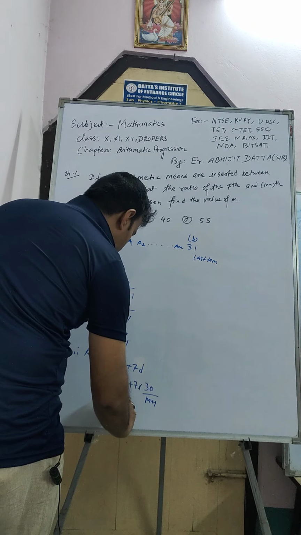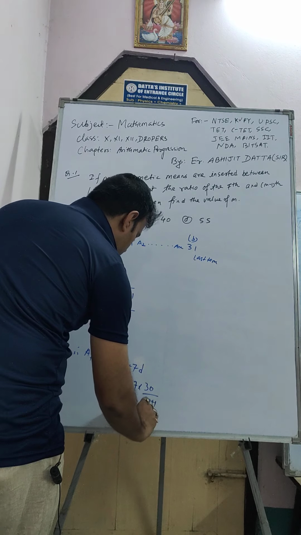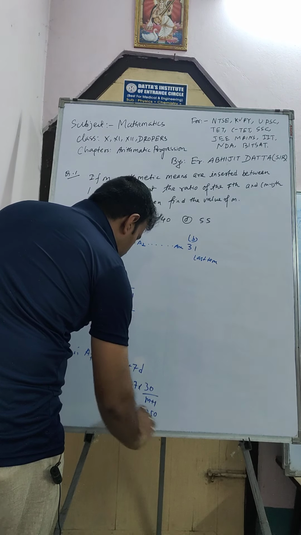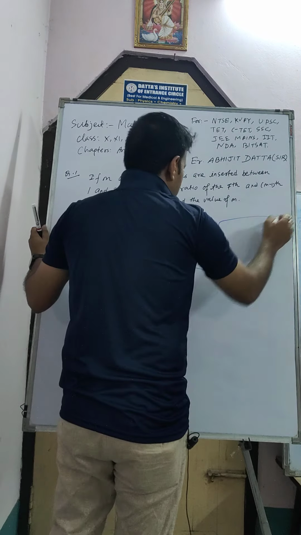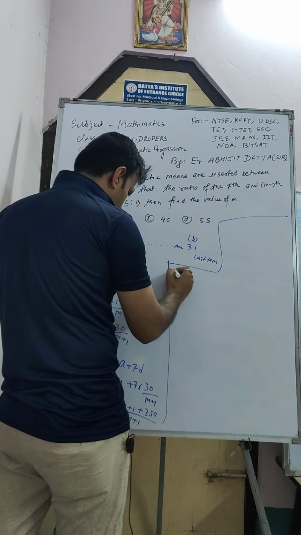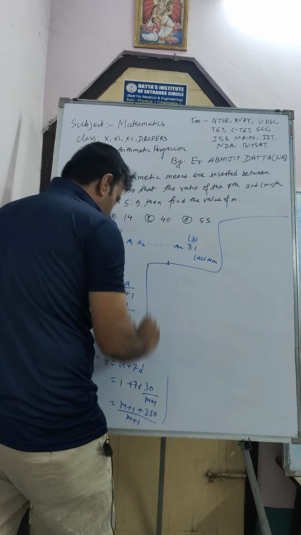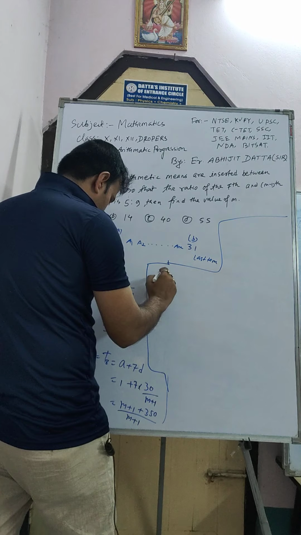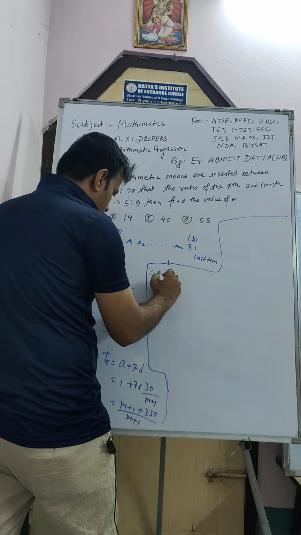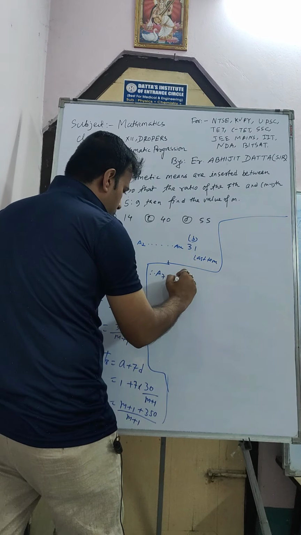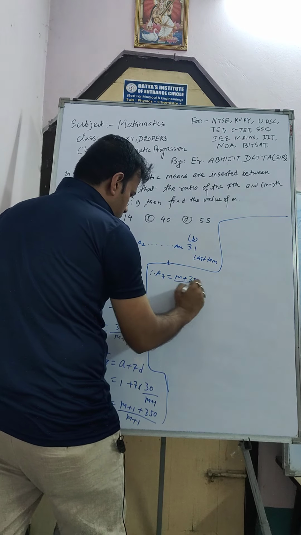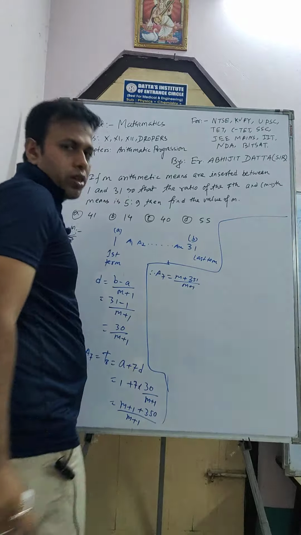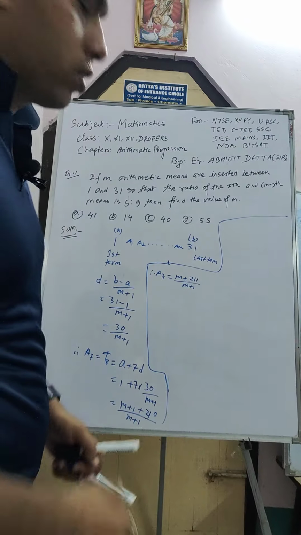That is, m plus 1 plus 210 by m plus 1. Therefore a7 will be m plus 211 divided by m plus 1. Okay, understood this much?